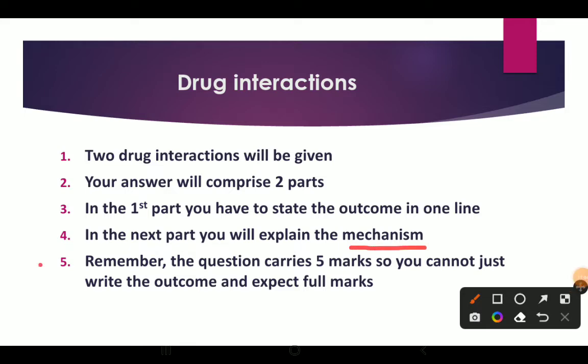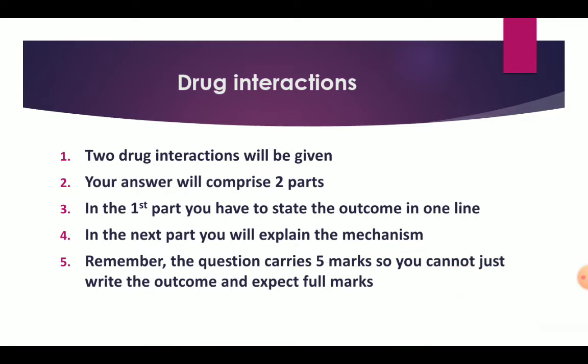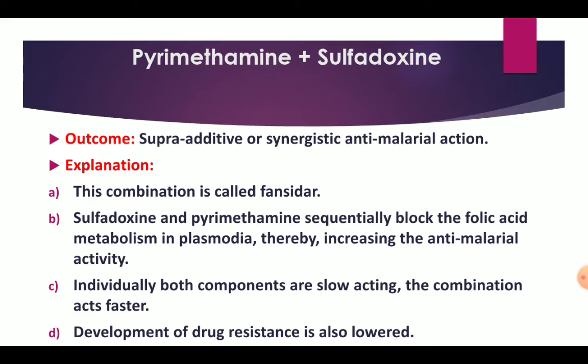And you have to remember that the question carries 5 marks, so you cannot just write the outcome and expect full marks. Okay, so you have to give some details in the explanation. So outcome and explanation.